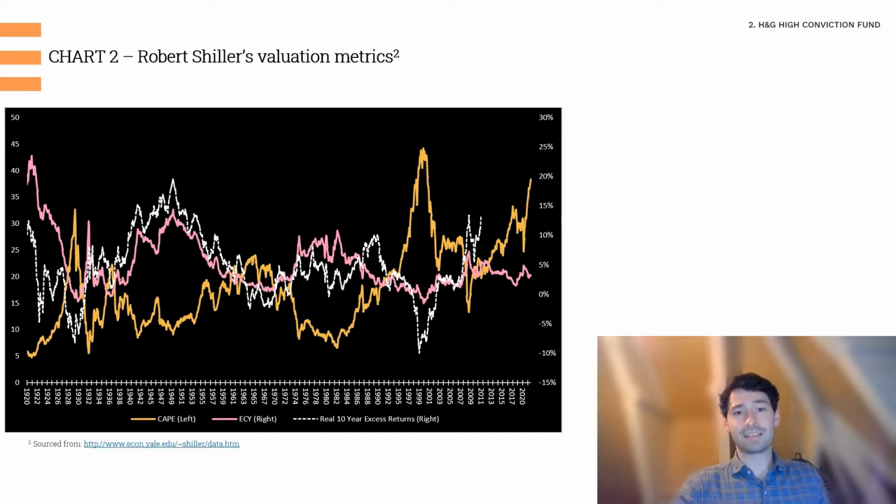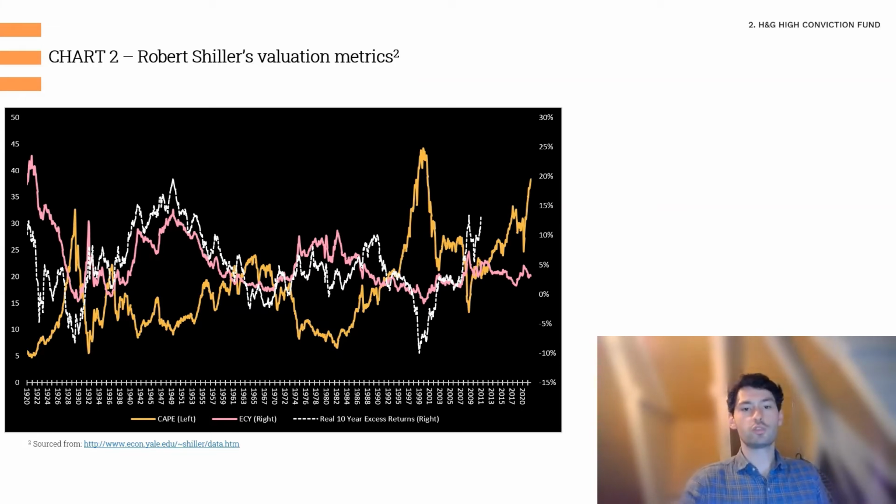So what the excess CAPE or the ECY really shows is how much the future returns on equities should exceed what you get from simply buying treasury bonds. And this is currently 3.3% compared to an all-time low of negative 1.5% in the year 2000.